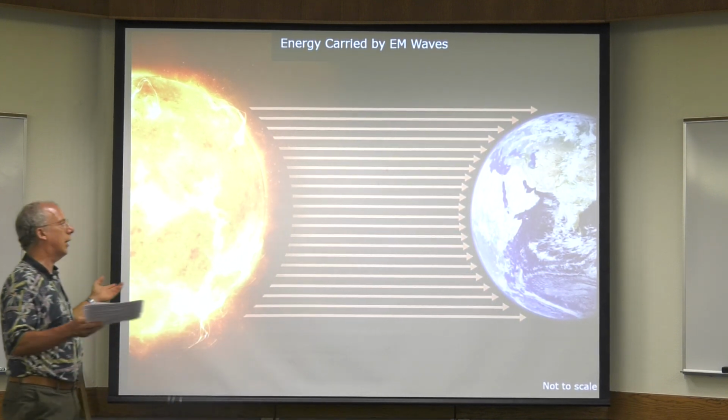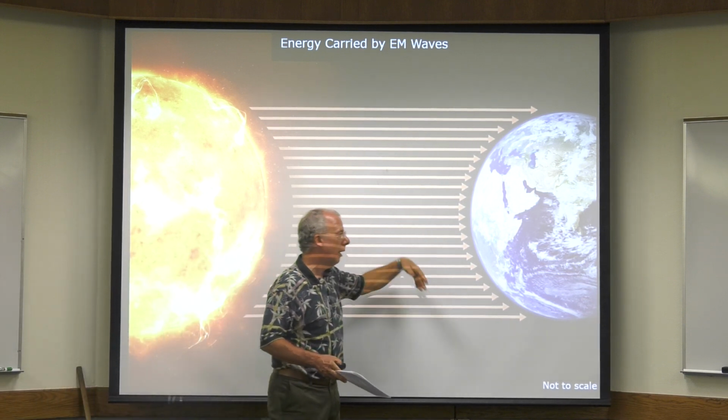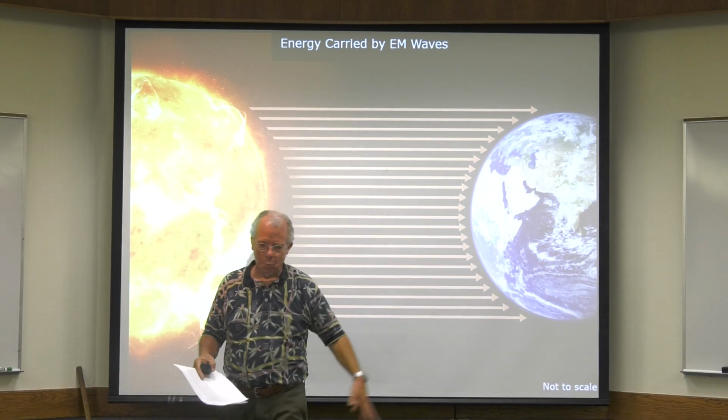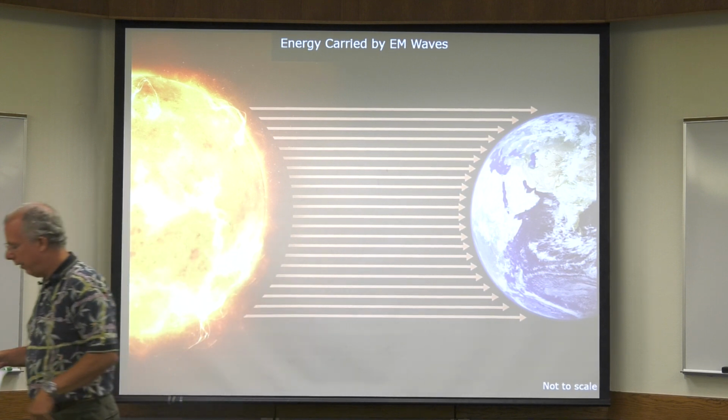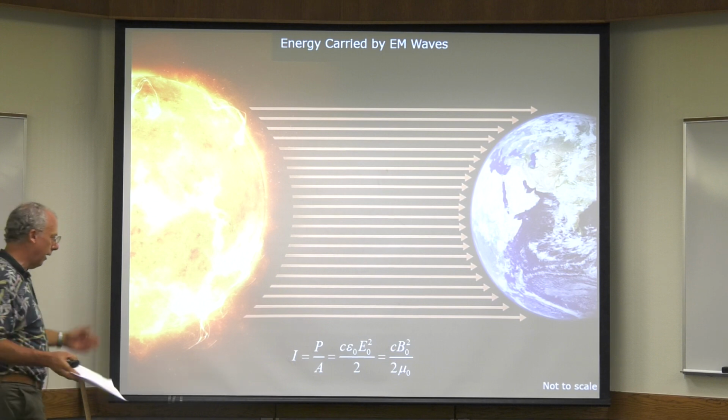You have to calculate the intensity of the light, and then figure out how it warms up the Earth and all that kind of stuff. So these are just some formulas. We're not going to spend a lot of time on them, but here they are.